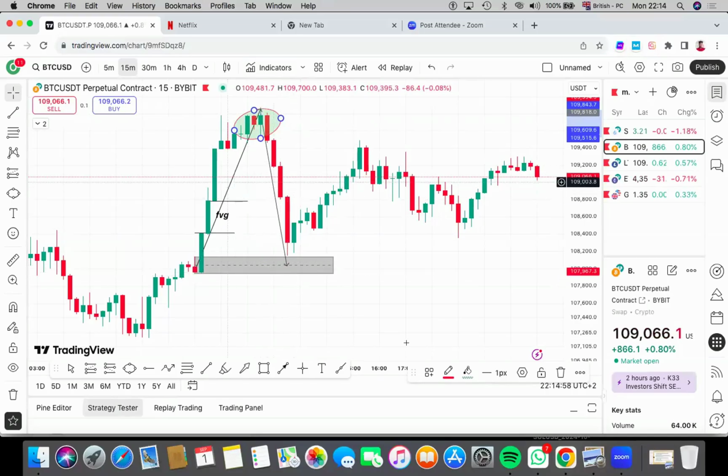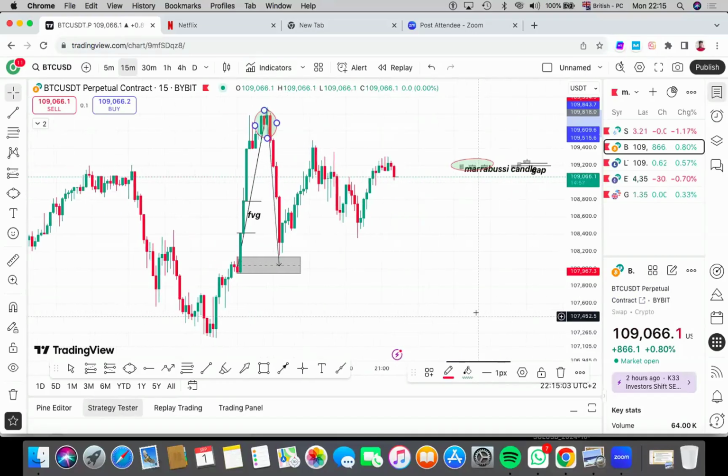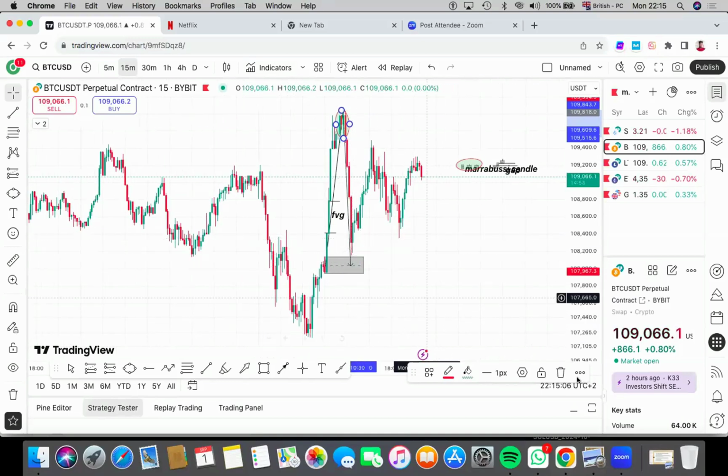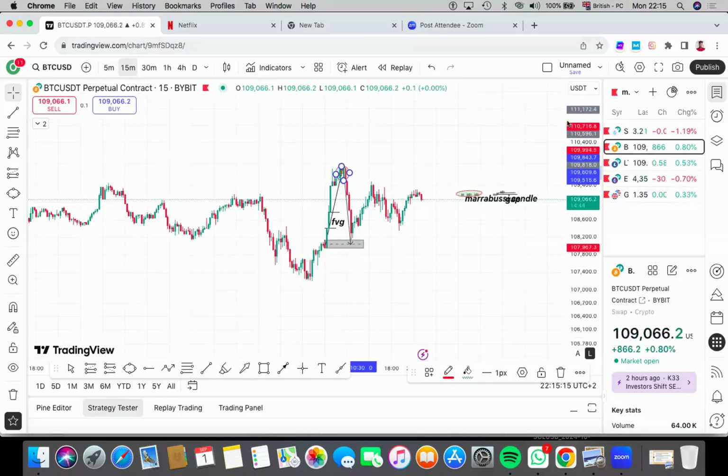But then where they are actually intending to push the market to might be even way higher than what you are seeing here. So they might be intending to take this trade all the way to 120.